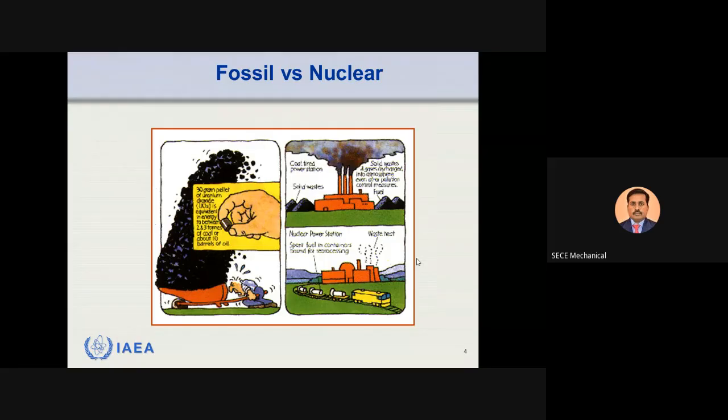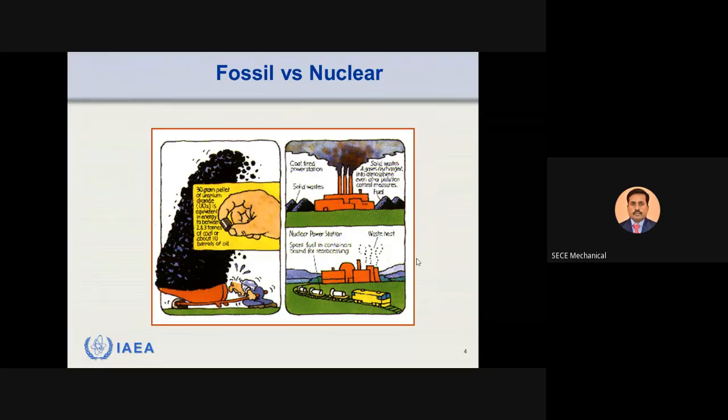Nuclear fuel also has some disadvantages, which we already discussed. One of the problems is radiation, so we have to control the radiation. That's why all the countries are focusing on nuclear power plants and also on the control of nuclear waste, and how to save people from radiation.